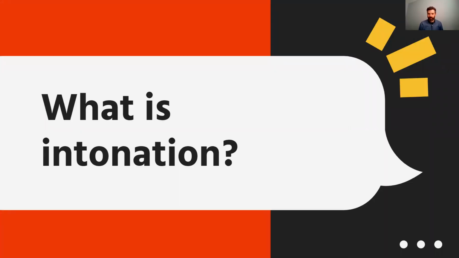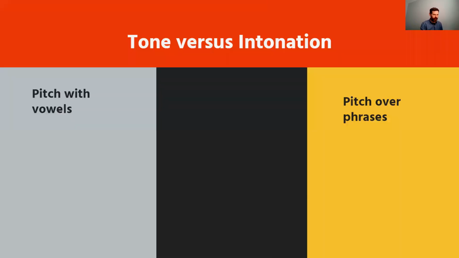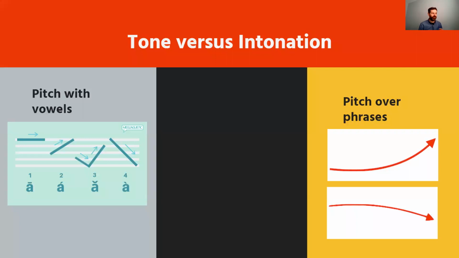So what is intonation? Intonation is a change in the pitch of a voice over the course of a phrase or a sentence. Now, it's important to make a distinction between tone versus intonation. In some languages, tone plays a very important part in communicating meaning and making distinctions even between segmentals.